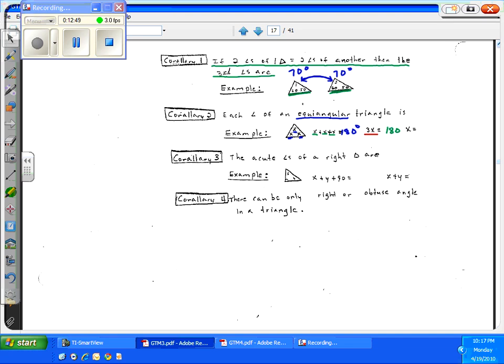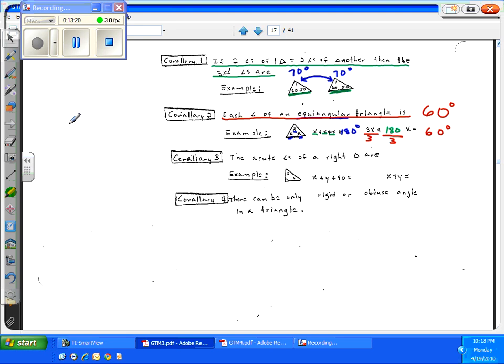We could solve for x by undoing multiplication by division and get that x is equal to 60. And so we reach the conclusion that each angle of an equal angular triangle is 60 degrees. And there we can see why it's a corollary. We can use a little bit of algebra, use a little bit of mathematics, and quickly prove this based on the fact that the sum of the angles of a triangle is 180 degrees.